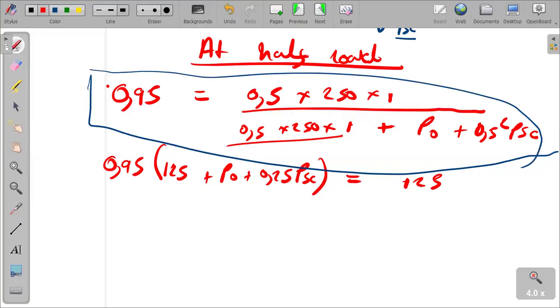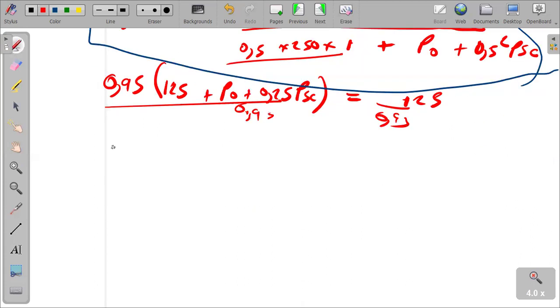Simplifying further, I can now divide by 0.95 on both sides. I end up having 125 plus P O plus 0.25 multiplied by PSC is equal to 131.5789.